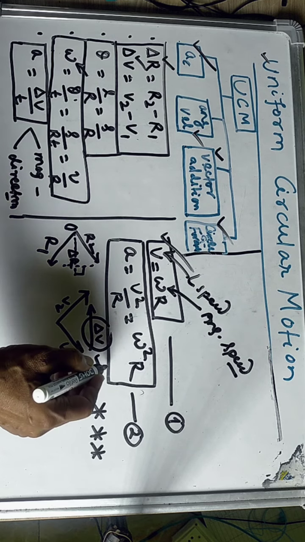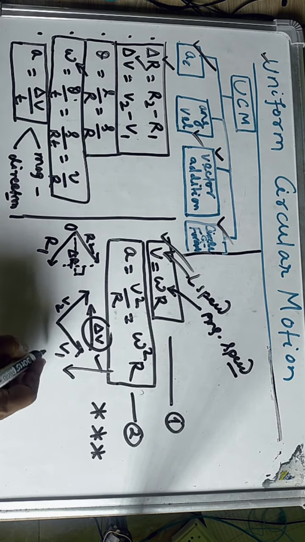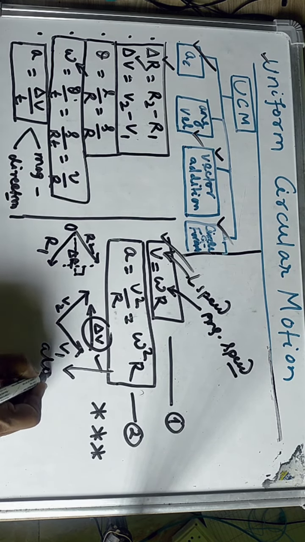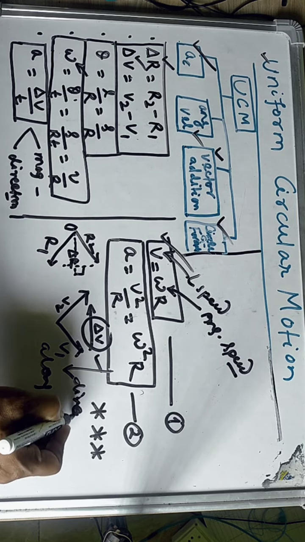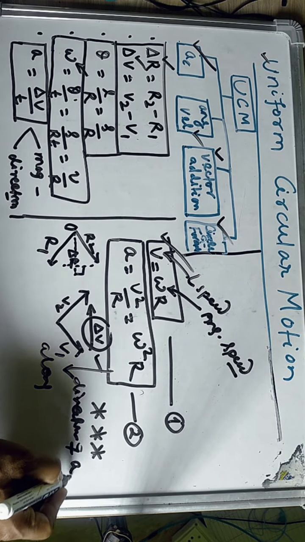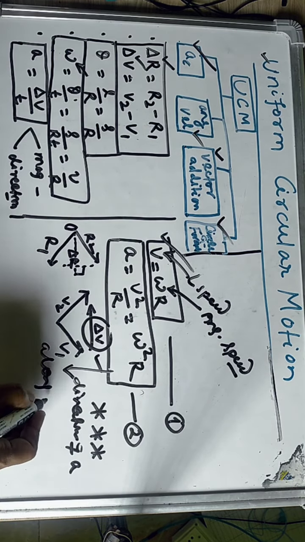Hence, the direction of a is along the radius towards the center. That's why this acceleration is named centripetal.